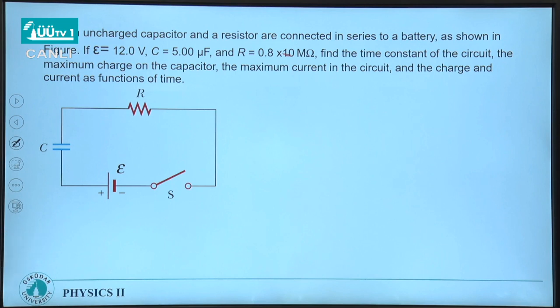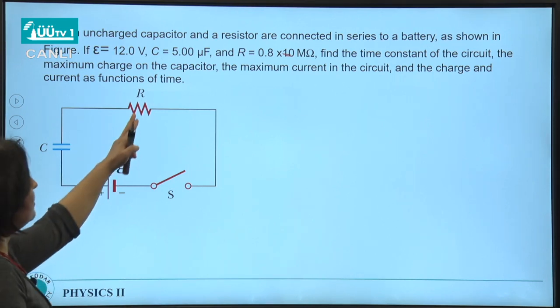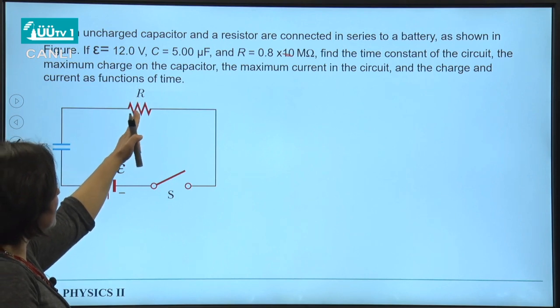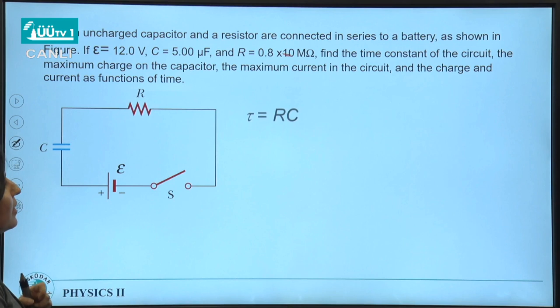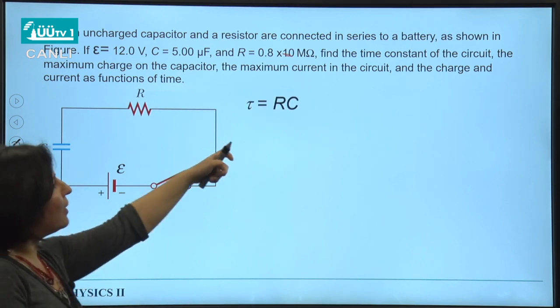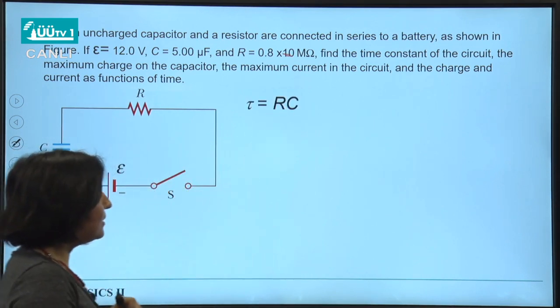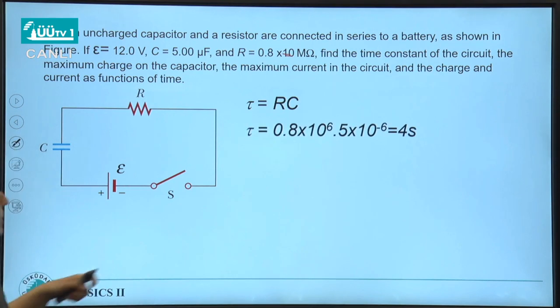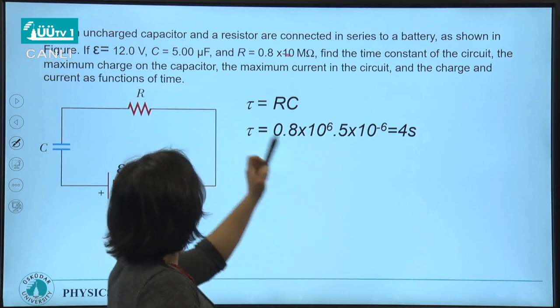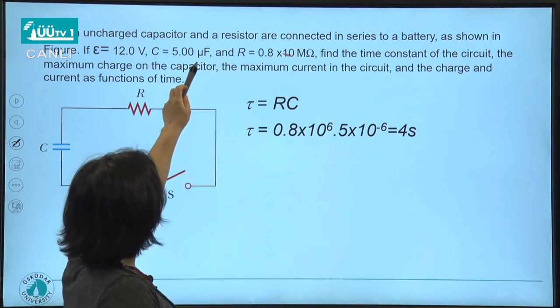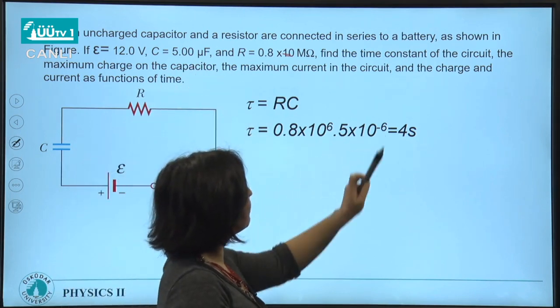Okay, for the first one, how can we calculate the time constant tau? If you remember, tau equals R times C, R the resistance of the resistor, and C the capacitance of the capacitor. So we can calculate tau by multiplying R and C. This is mega ohm, which means 10 to the power 6, and this is microfarad, which means 10 to the power minus 6.